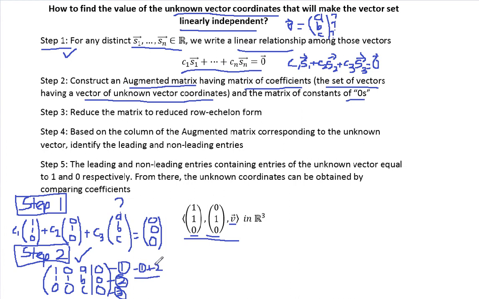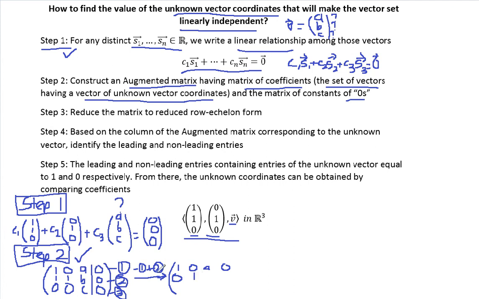plus row 2. This means the first row will not be affected: 1 0 a 0. So minus 1 plus 1 equals to 0. Here minus 0 plus 1 equals to 1.